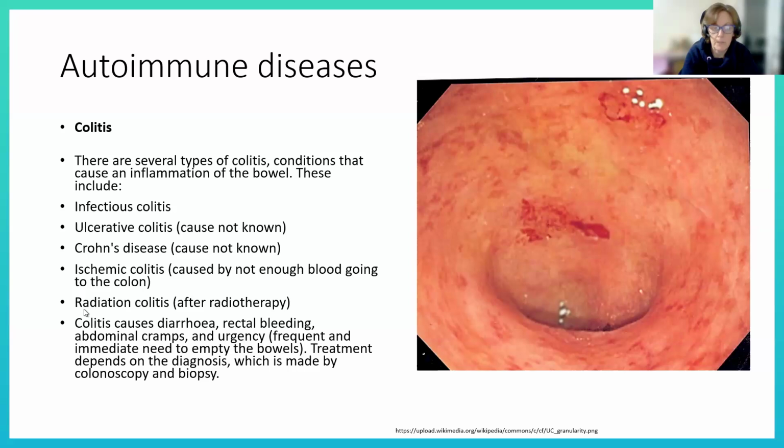You can get inflammation after radiotherapy, and the symptoms are really not pleasant. It causes diarrhea, bleeding, cramps, frequency and urgency, needing to go to the toilet. Treatment depends on what's wrong, but you can end up taking immune suppressing drugs to suppress the autoimmune response, which is pretty unpleasant because you're at risk of other problems then.